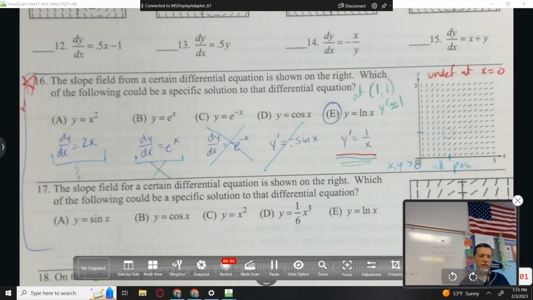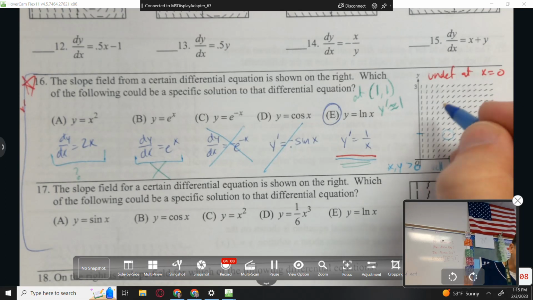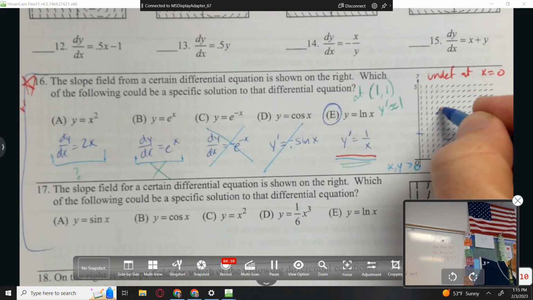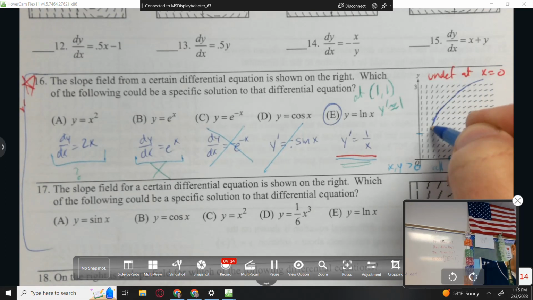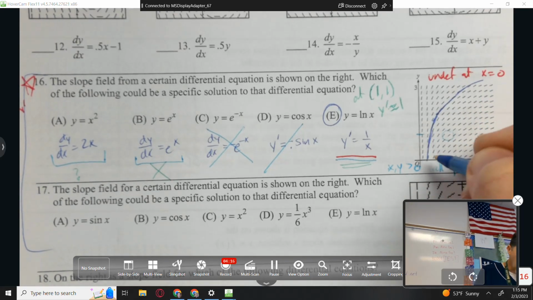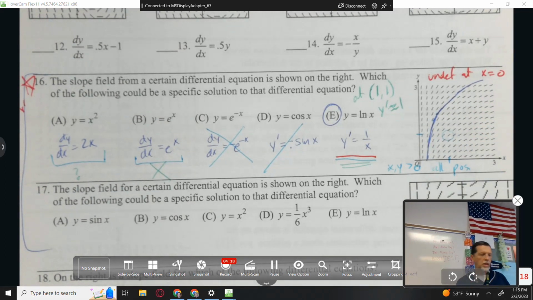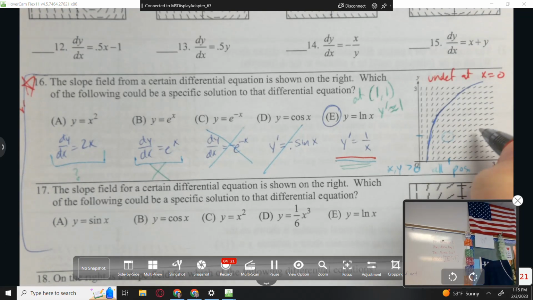Another way to work these is to graph a few particular solutions and see what they look like. So this is the picture of dy dx, but if I just put a point on there somewhere and kind of sketch out what it, follow the path, and you can pick some different paths if you want.